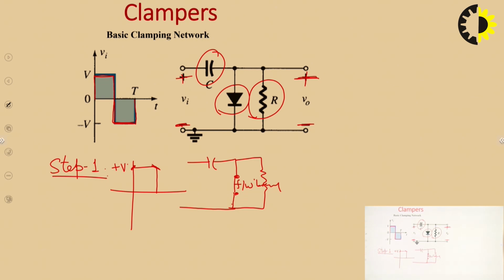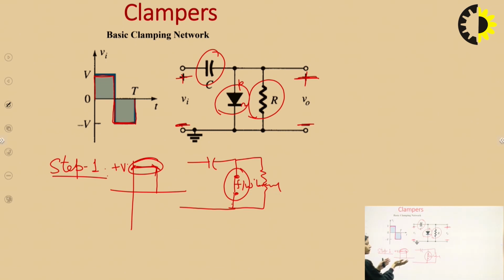Okay. So for this positive half cycle, since P is connected to this and N is connected to this, we have to consider this diode as forward biased. Okay, is it clear?